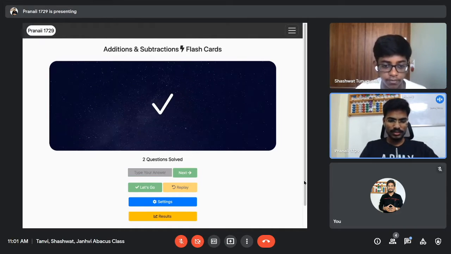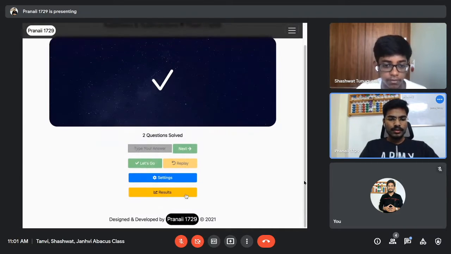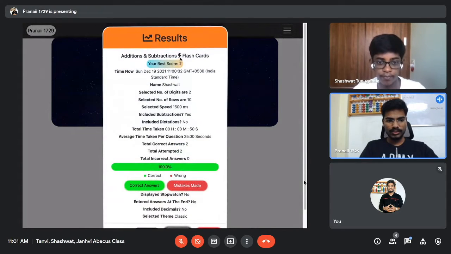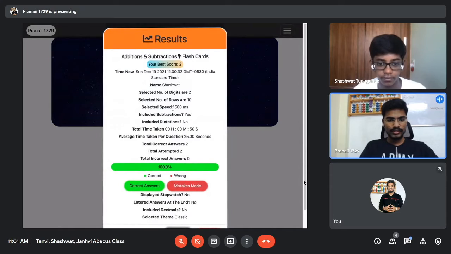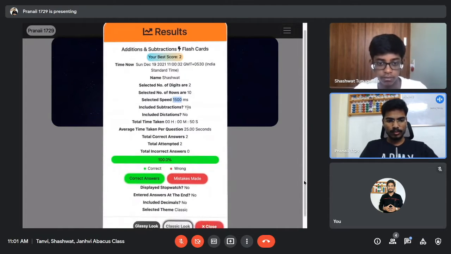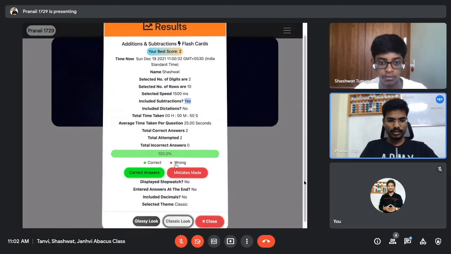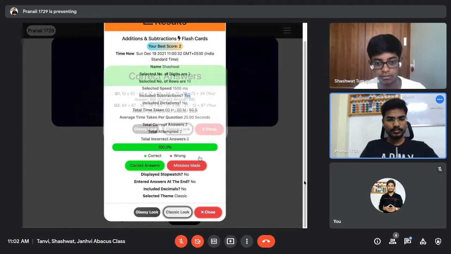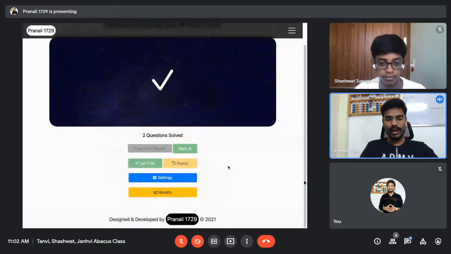Now we'll see the results. Right, both of them are correct. If you see the results, it's 1500 milliseconds, 2-digit 10 rows, and including subtractions. Right, so these are the correct answers. Yes. So this is about flashcards.